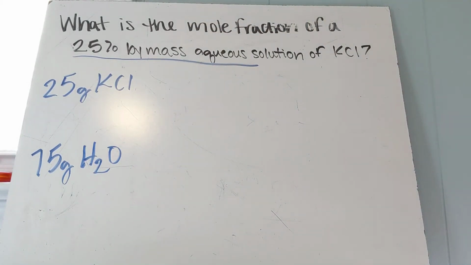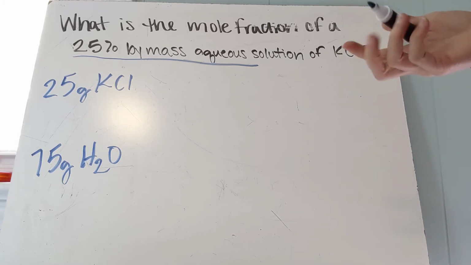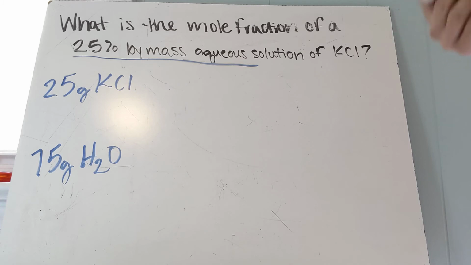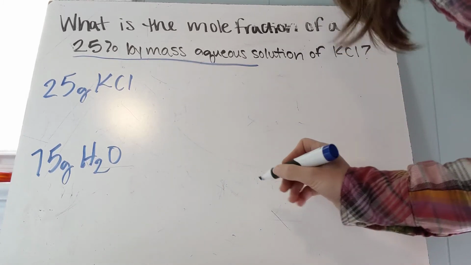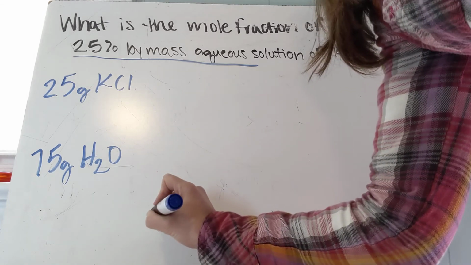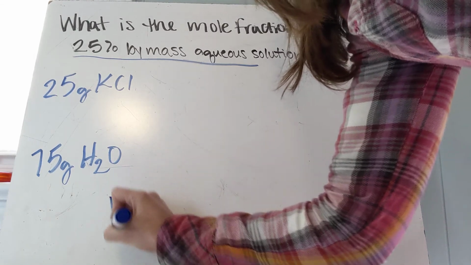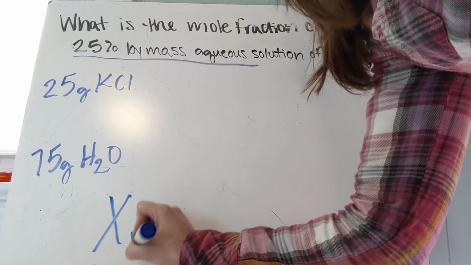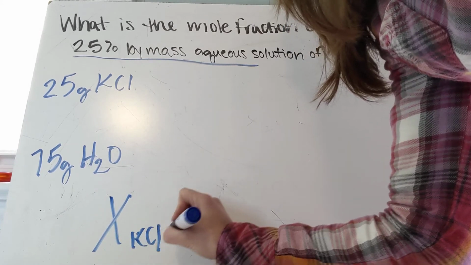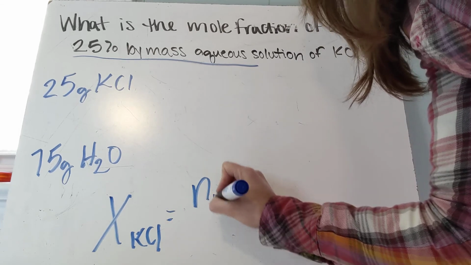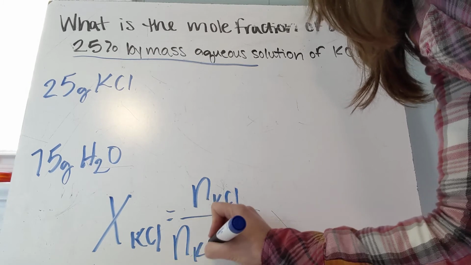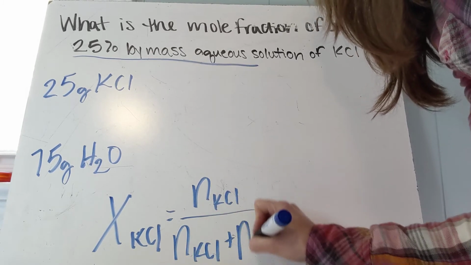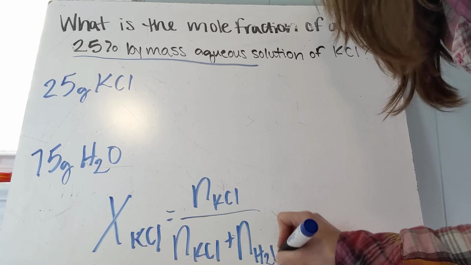All right. Now, I again don't have all of the pieces in order to find the mole fraction. So my mole fraction is going to be X of KCl is equal to the number of moles of KCl divided by the number of moles of KCl plus the number of moles of water.